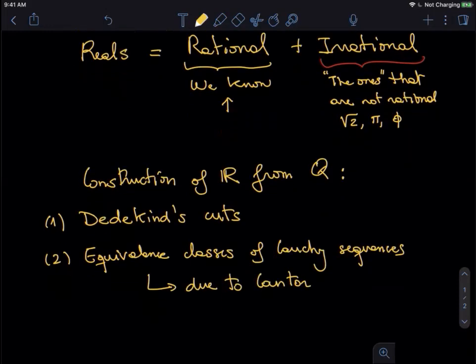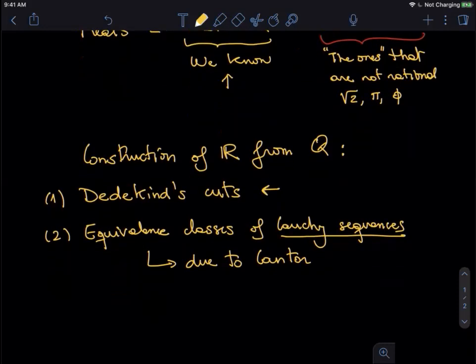Okay, we will see about Cauchy sequences in a couple of weeks or three. For now, we are not going to use that. The proof that you see in the book is using Dedekind's cuts. So we will discuss a little bit how that is done, but without going in full detail.